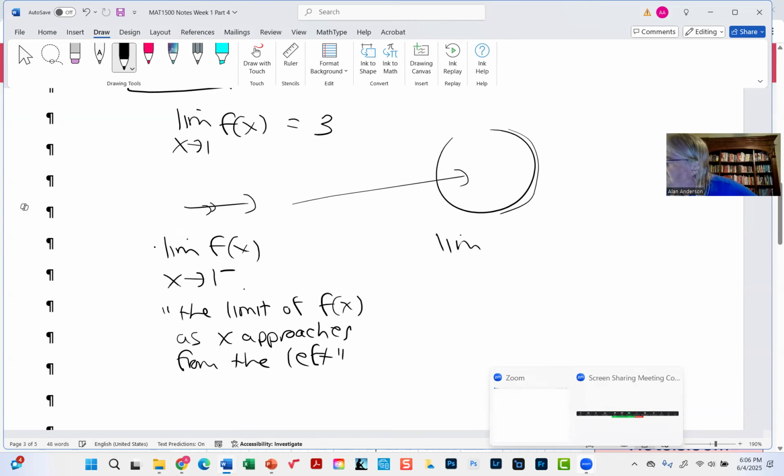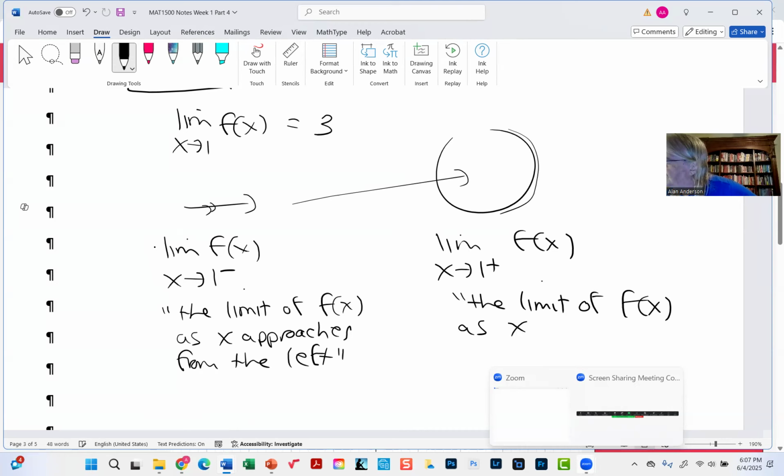And when we write it like this, that means the limit of f of x as x approaches from the right, meaning from the larger numbers.